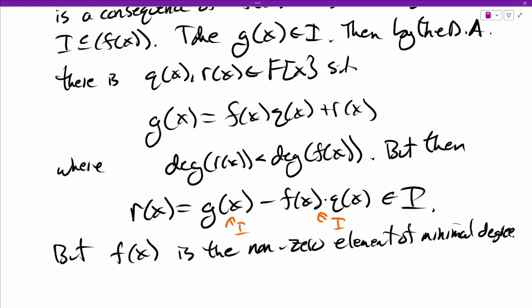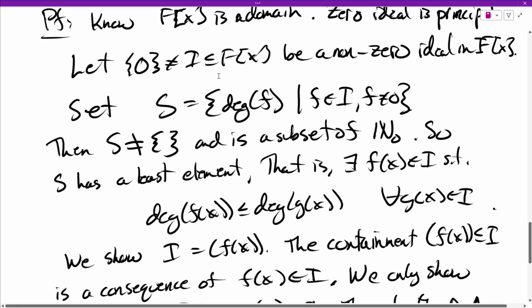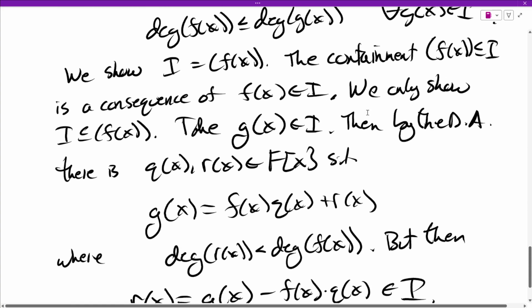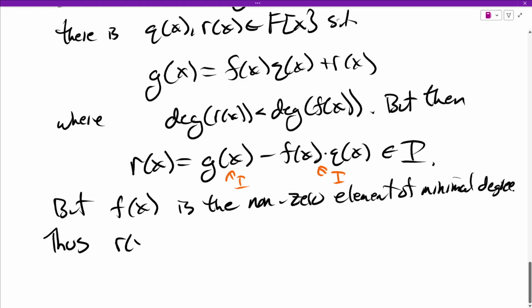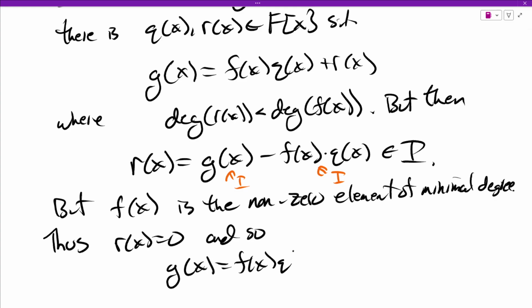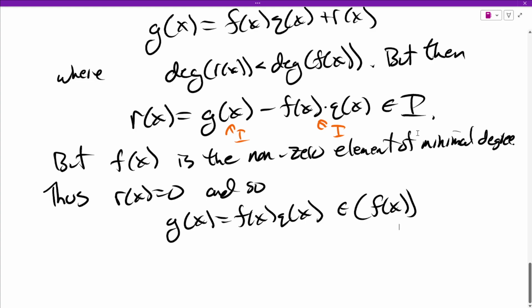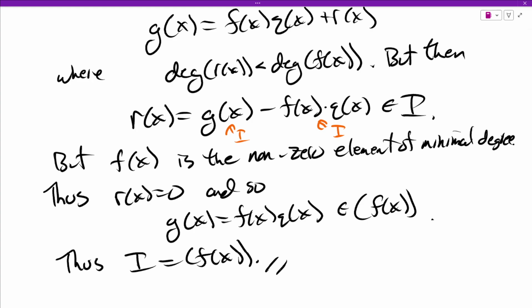Because to form our set S, we looked at the degrees of non-zero elements. So since f had minimal degree, it must be that r is 0. And if r is 0, g is a multiple of f. So it belongs in the ideal generated by f. And so that's the reverse containment. And so it must be that I is the ideal generated by f.